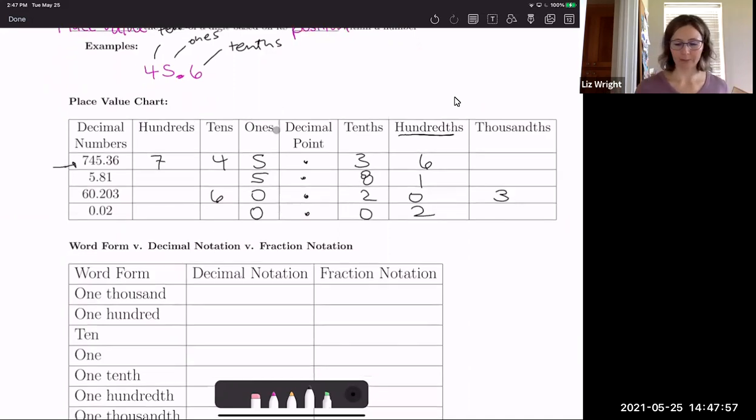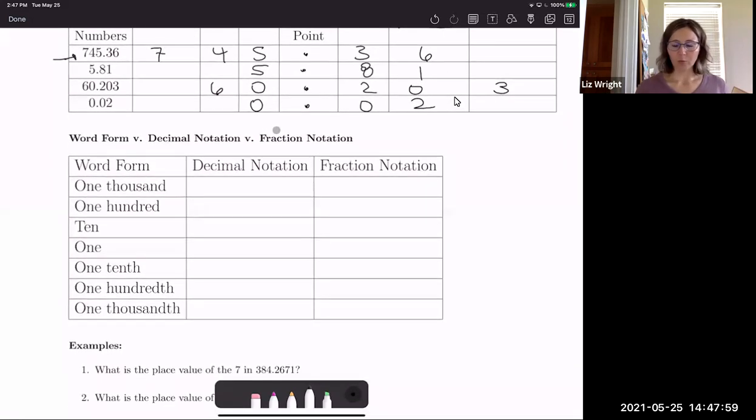All right, so then we're going to look at this next portion, decimal notation versus fraction notation versus the word form. Our decimal notation for 1,000 is just our standard notation, versus fraction notation, which would be 1,000 over 1.